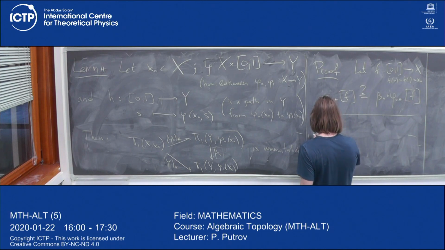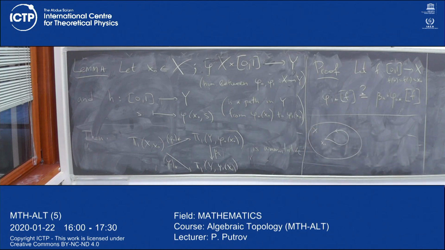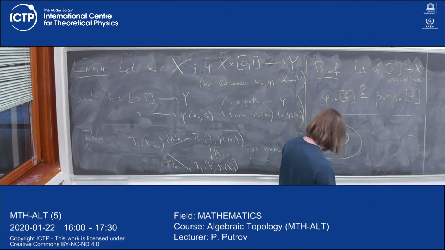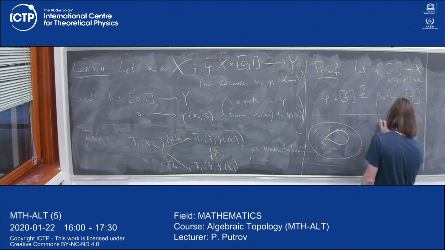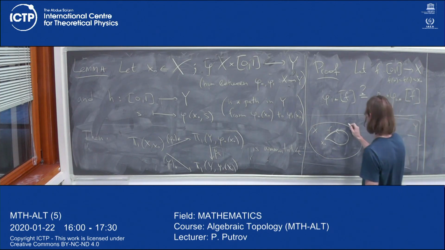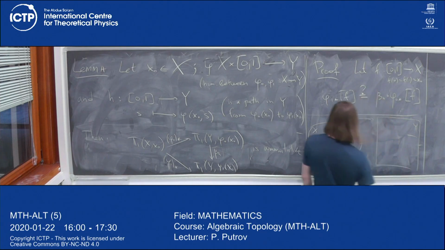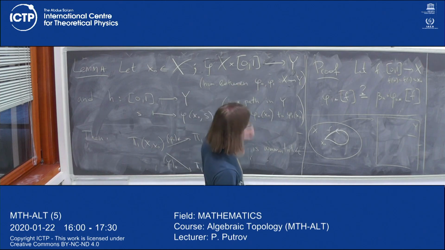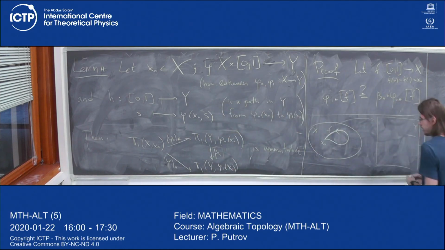So that's some topological space X here, so I have some paths, F, that's the map from X. So actually, the family of maps from X to Y, parameterized by the unit interval. And so I can consider in particular a map, the image.